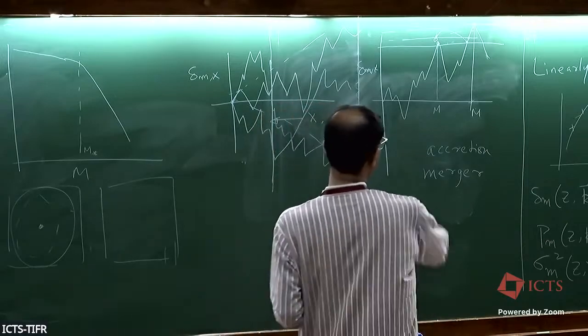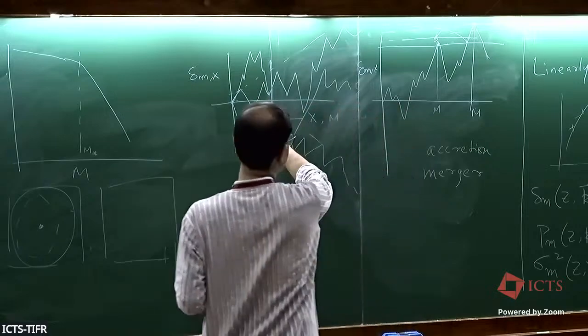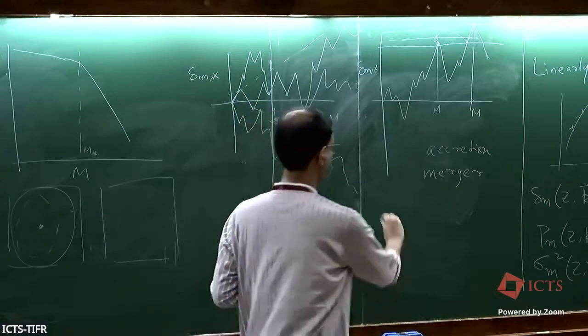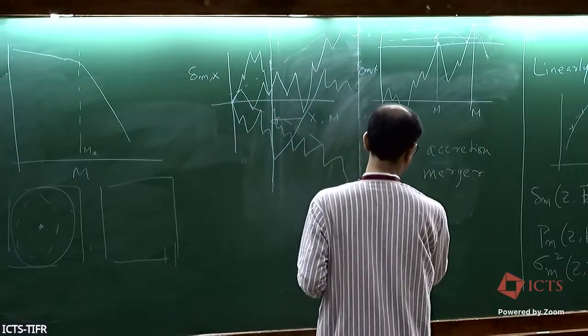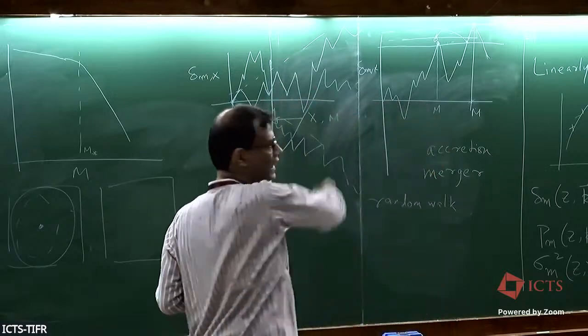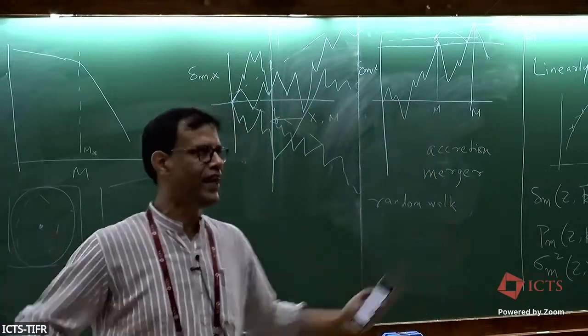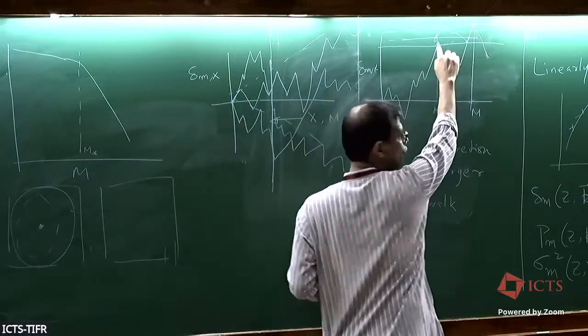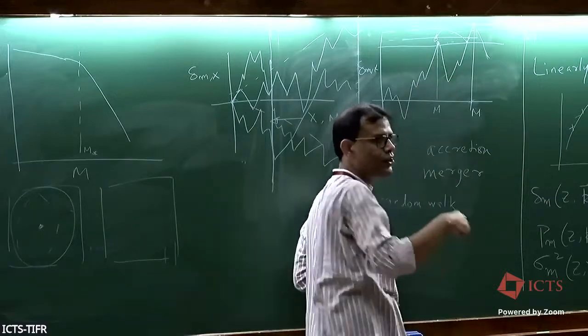Also, Bond et al. interpreted, or mapped, this problem to a random walk or a Brownian motion problem. So these are different realizations, basically different random walks. And given a barrier, you just have to find when this trajectory first crosses that barrier.